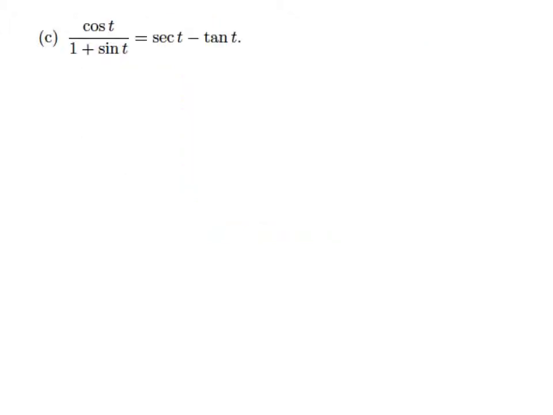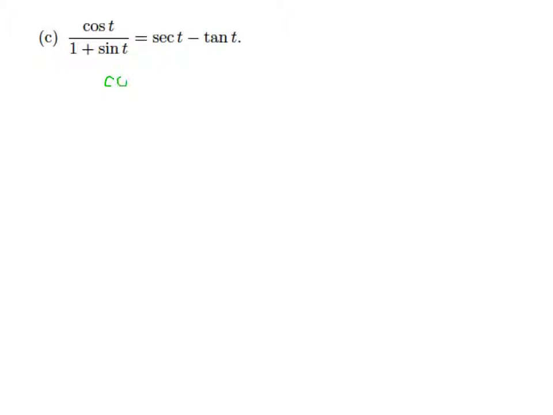Okay, this is problem number C. It's verifying cosine t divided by 1 plus sine t equals secant t minus tangent t. So what we're going to do is work with the left side, and we're going to multiply the cosine t over 1 plus sine t by the conjugate.